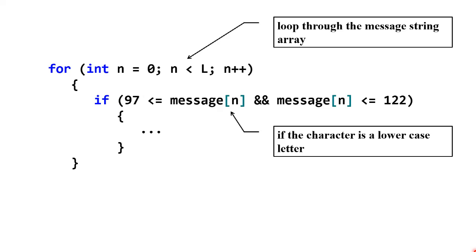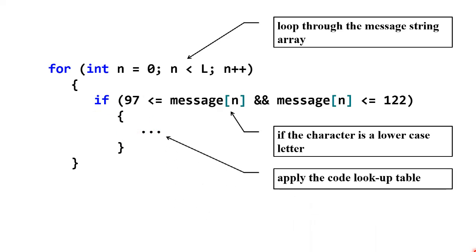If those two conditions are met, then this is in fact a lowercase letter, and the algorithm for applying the code will be placed where these 3 dots are. So you apply the code lookup table there.